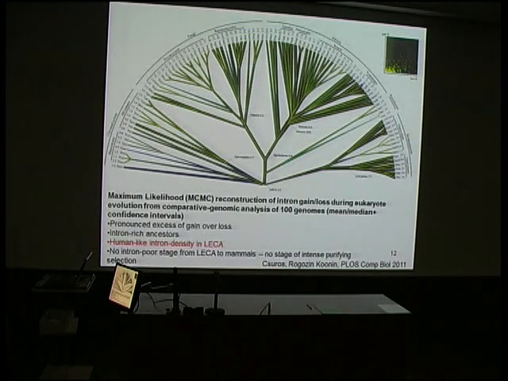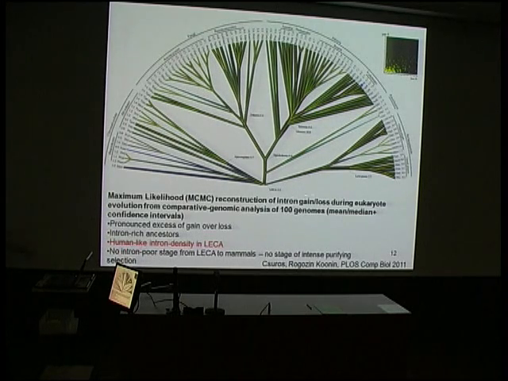And to make a long story short, what I want to point out is that maximum likelihood reconstruction of the intron gain and loss process during the evolution of eukaryotes, by analysis of 100 representative genomes, reveals, in a counterintuitive or unexpected manner, a highly intron-rich ancestor.